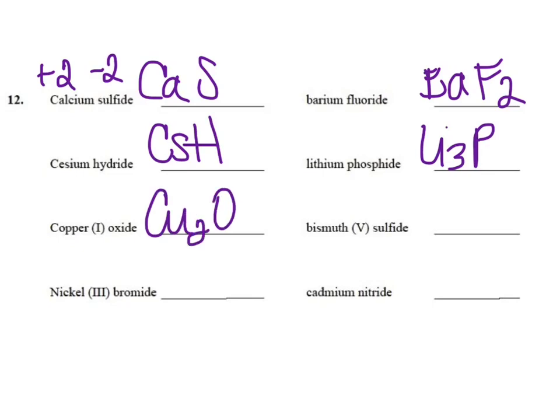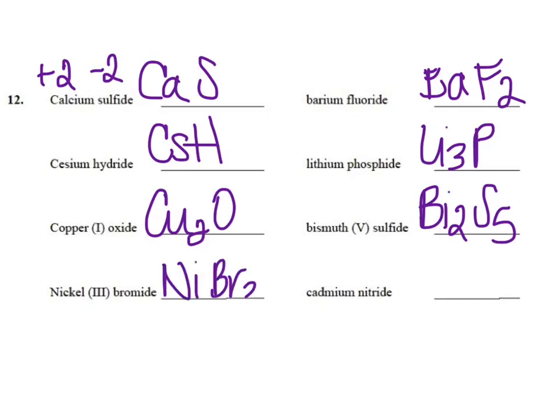Cu2O. Bismuth sulfide. Nickel(III) bromide. And cadmium nitride. Cd3N2. Cadmium's always a +2. Questions over that?